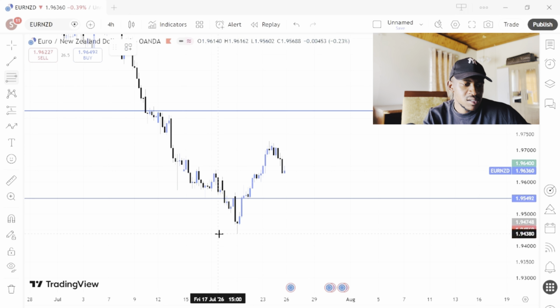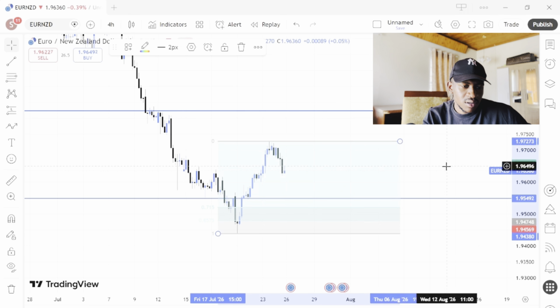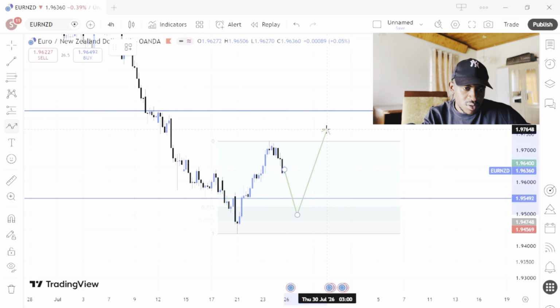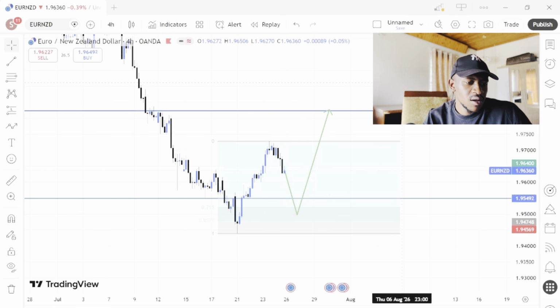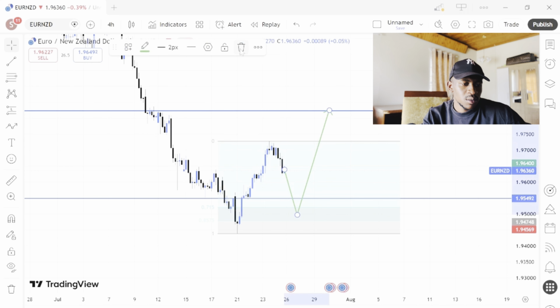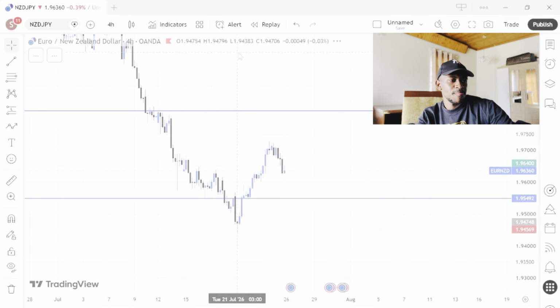I wanna buy at a discount, pulling out the fib. I'm looking for something like this on the Euro NZD. That is our first setup, potential setup, I mean.